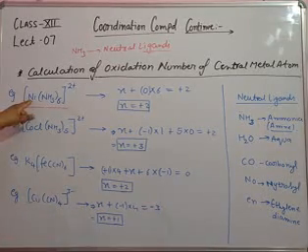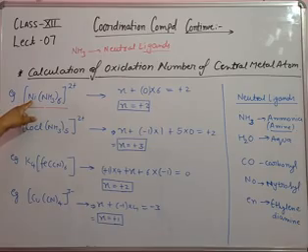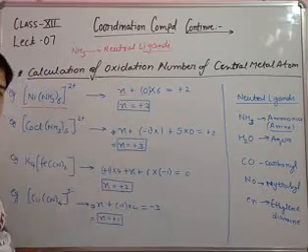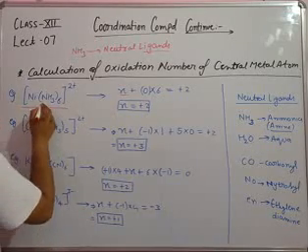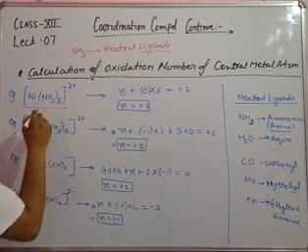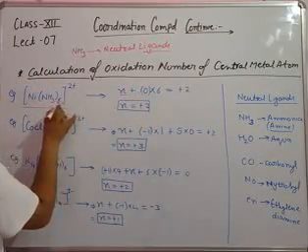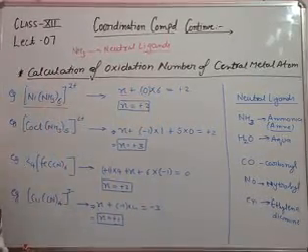We want to know the oxidation number of the Ni, that is nickel. We will put nickel as X. Now the charge on the NH3 is 0, so we put 0 multiplied by the number of ligands, that is 6.